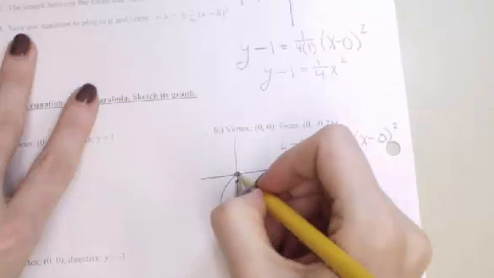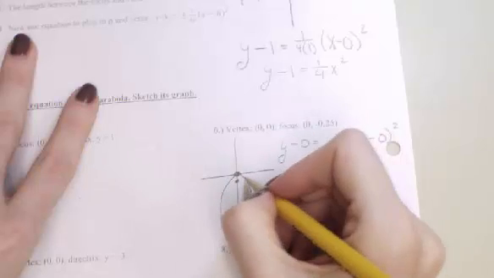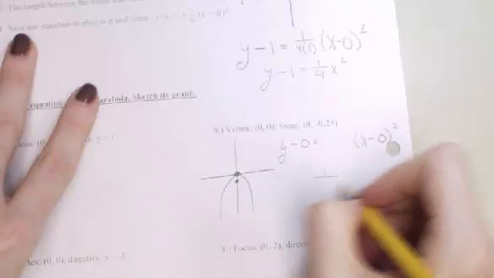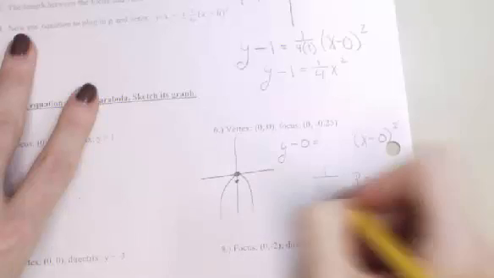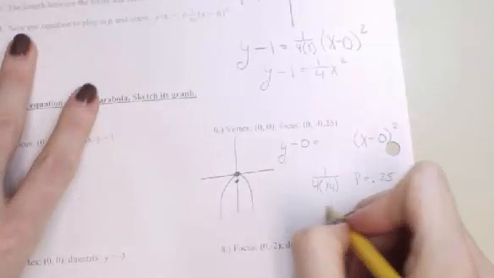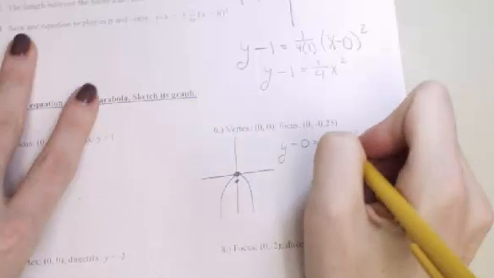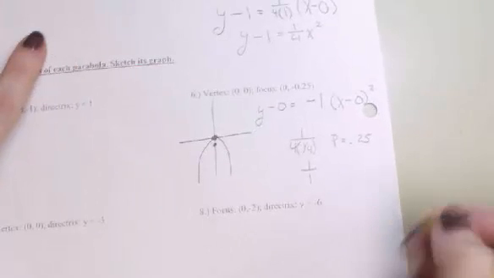And then the length here from 0, 0 to the 0.25 is a length of 0.25. So if my p is 0.25, I'm going to say 4 times a fourth, or 0.25. So 1 over 1 is my constant right there. And then lastly, make it negative. We can do one more.